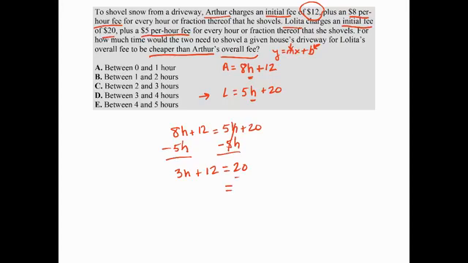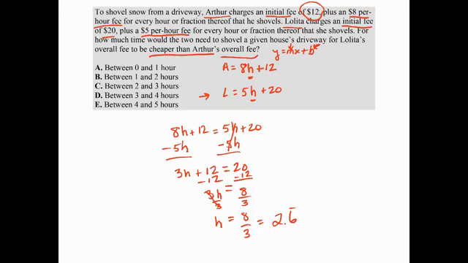I'm going to subtract 12 from both sides, and I end up with 8 equals 3h. Divide both sides by 3 to isolate the h, and you get 8 over 3, which in your calculator would be approximately 2.6, repeating.